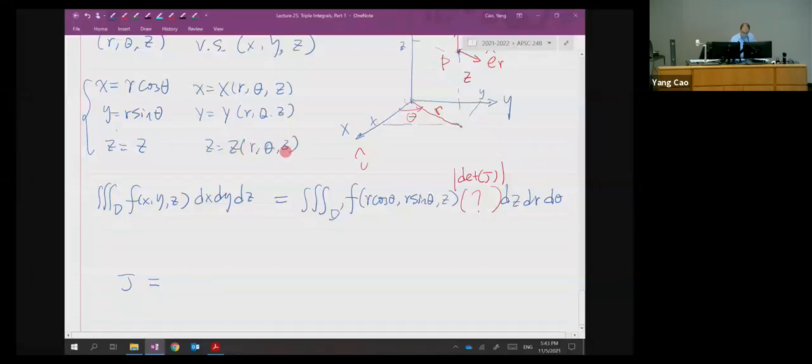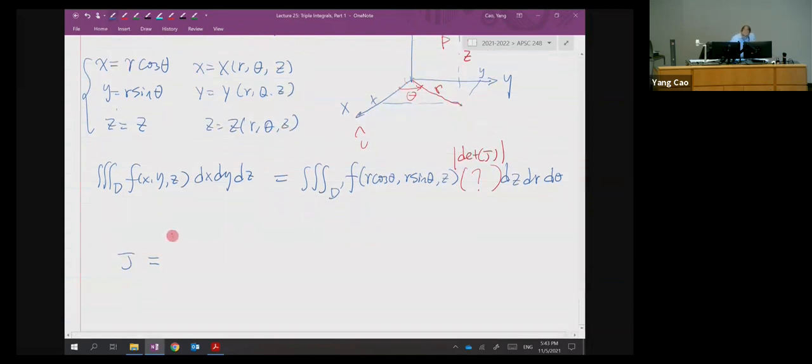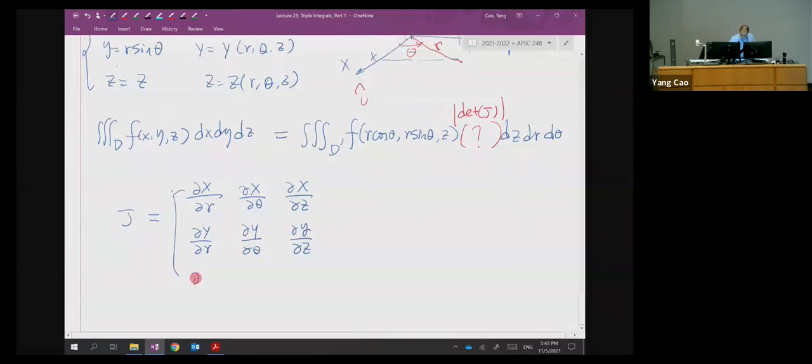So this is in the format of the generic vector coordinate transformation. So to construct the Jacobian: partial x over partial r, partial x partial theta, partial x partial z. That's your first row. Partial y partial r, partial y partial theta, partial y partial z. And the last one, same thing.